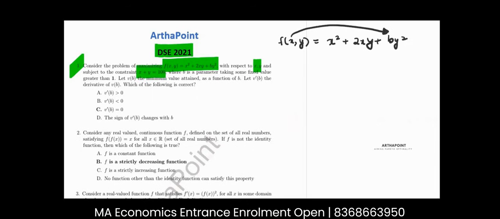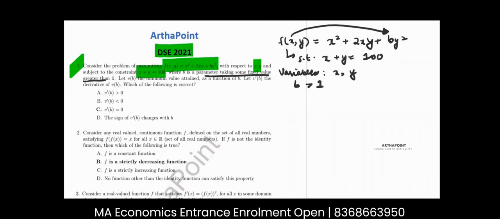It has this constant b also in it. But you want to maximize this subject to a constraint. And the two variables given to you are x and y. B is a parameter, it takes some fixed value greater than 1. So b is greater than 1.